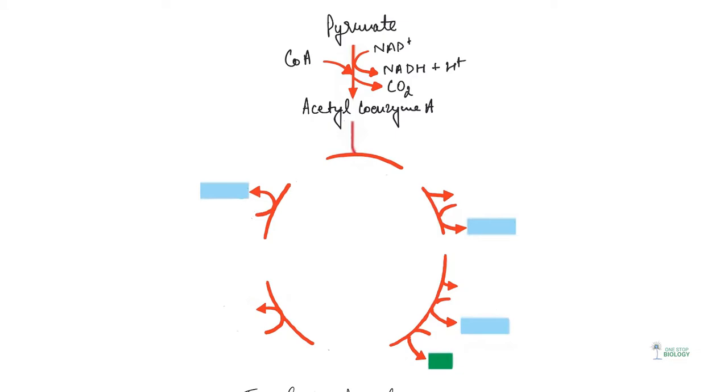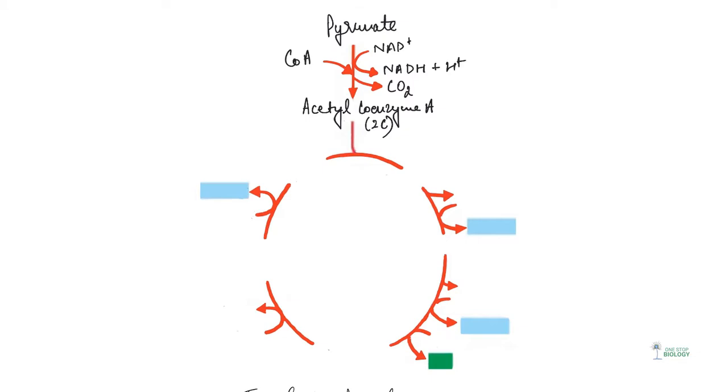So basically this acetyl coenzyme A is a 2 carbon compound, right? Now it basically gets condensed, right?